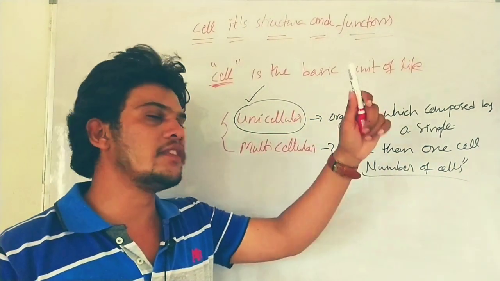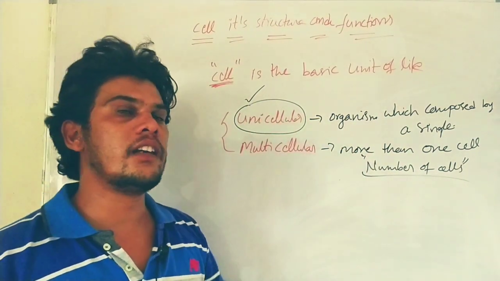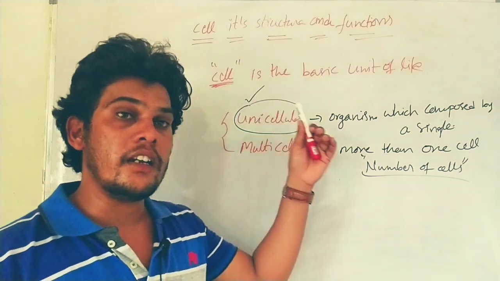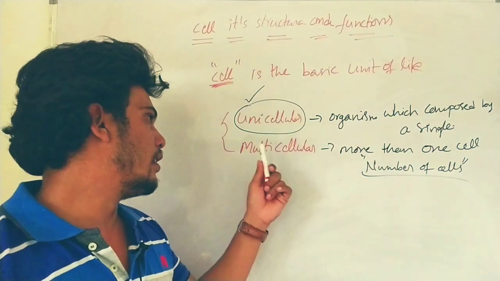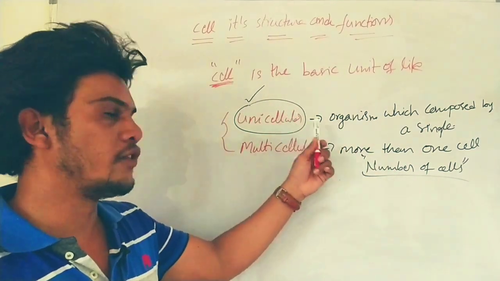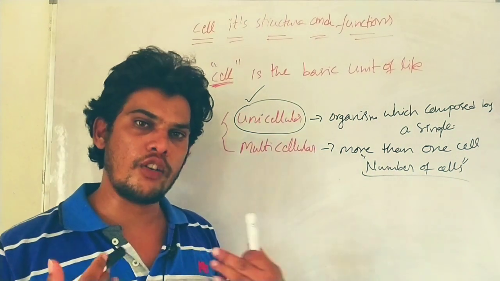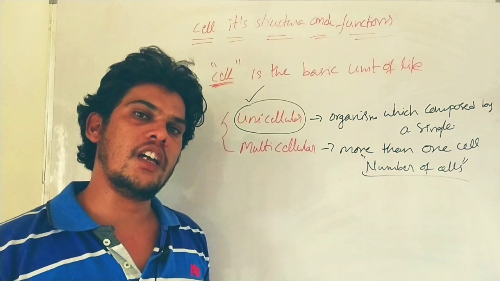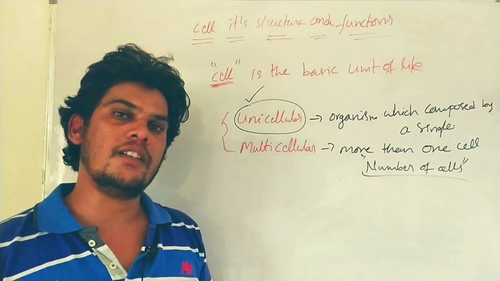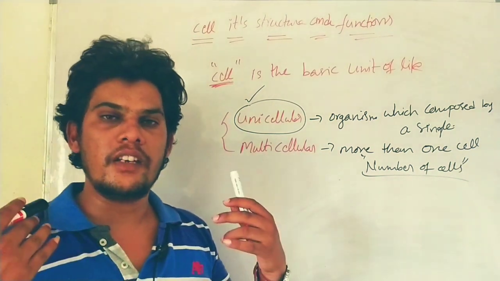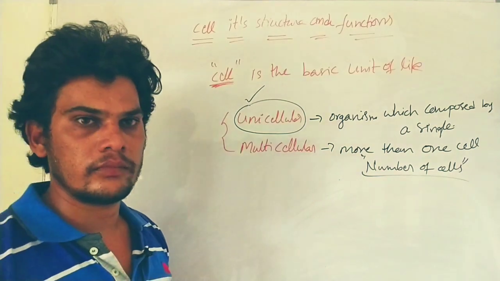If organisms are composed of a single cell, they are called unicellular. If organisms are composed of more than one cell, they are called multicellular organisms. Best examples of unicellular are amoeba and paramecium. Best examples of multicellular are human beings, animals, fishes, birds, amphibians, plants, etc.